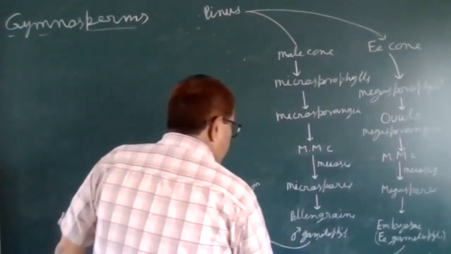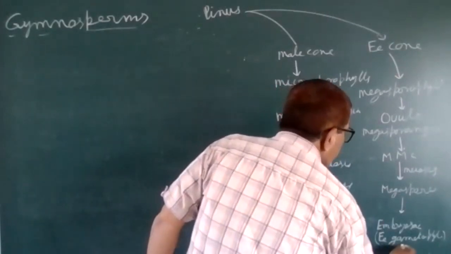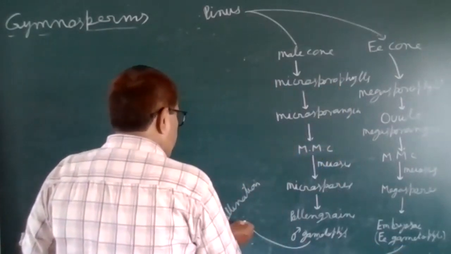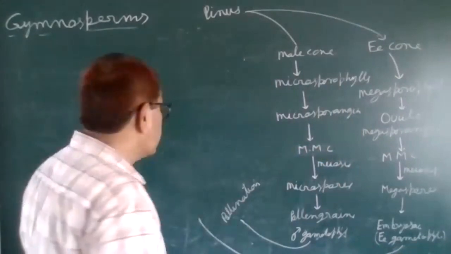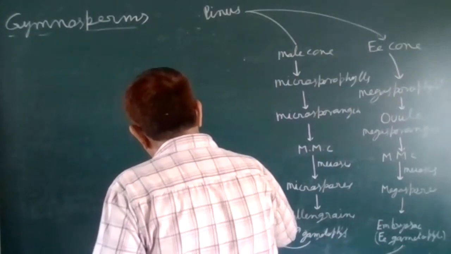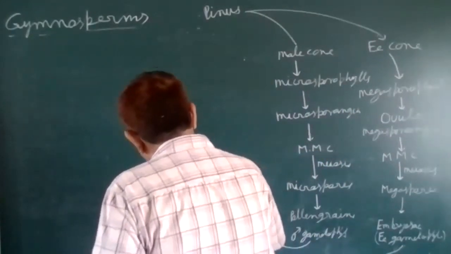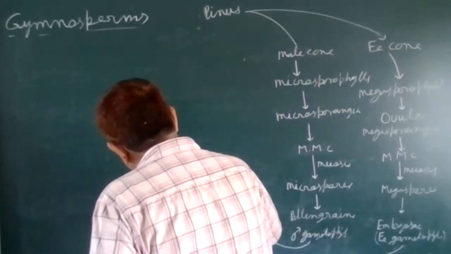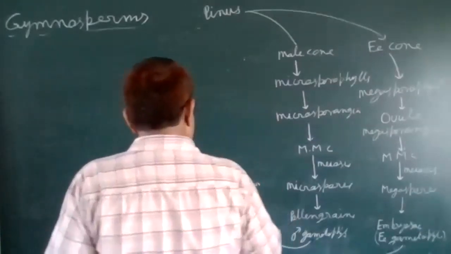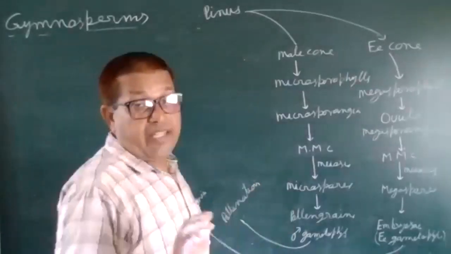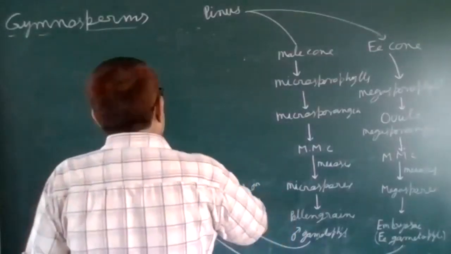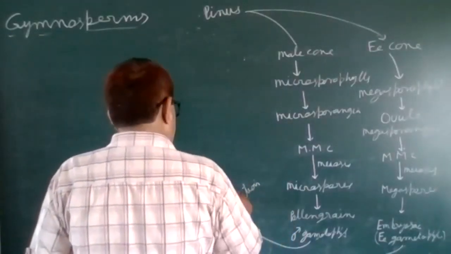The embryo sac has archegonia, and there is no antheridia, but archegonia are there.